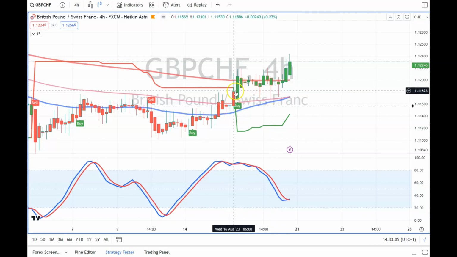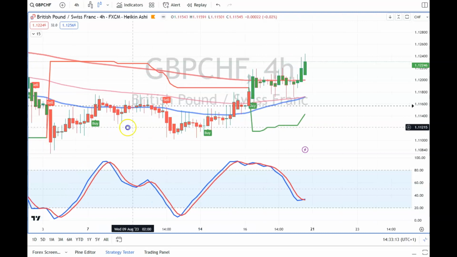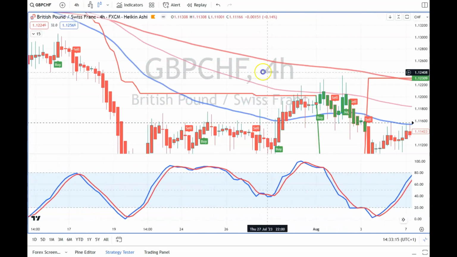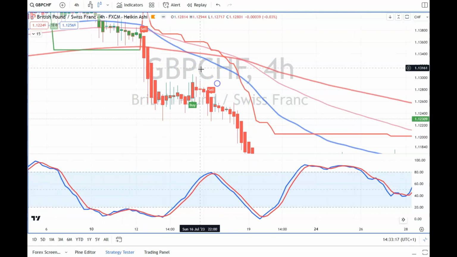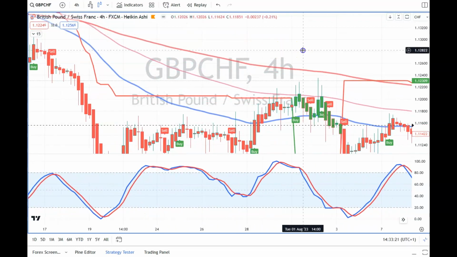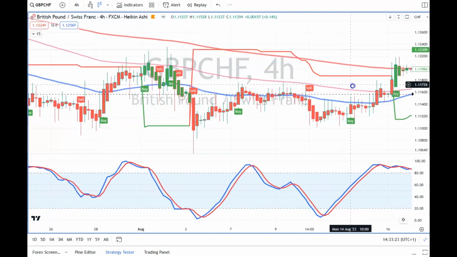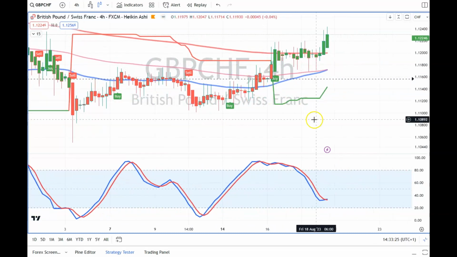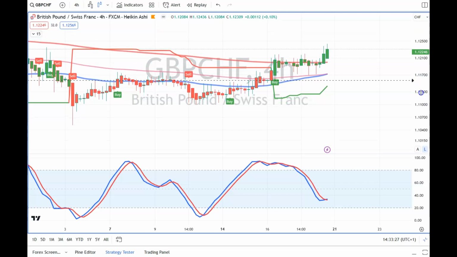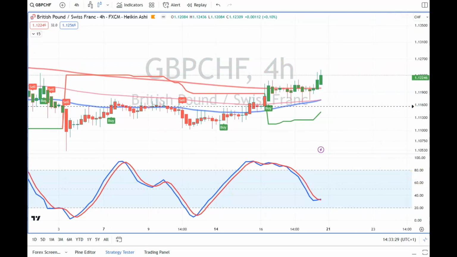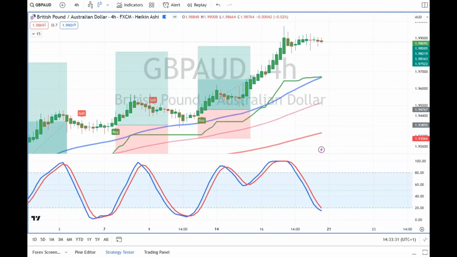We want everything to go green. But look at the moving averages. The 50, the 100 and the 200 are stacking down. So this is why this could do exactly what it done before and just go parabolic to the downside. Now I think sterling is strong, so it'll probably go up a little bit but then go sideways. But a far better trade is the pound Aussie.